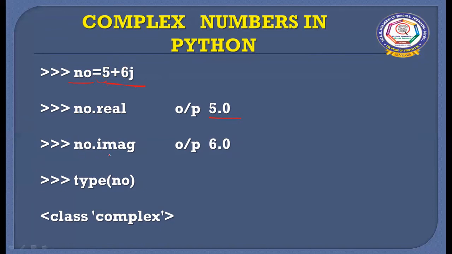The same way, number dot imag gives the output as 6.0, which means the complex imaginary value will be written. So type of number, whatever value you are storing in that variable, if you give type, what type of value will be returned by it, which means class complex.